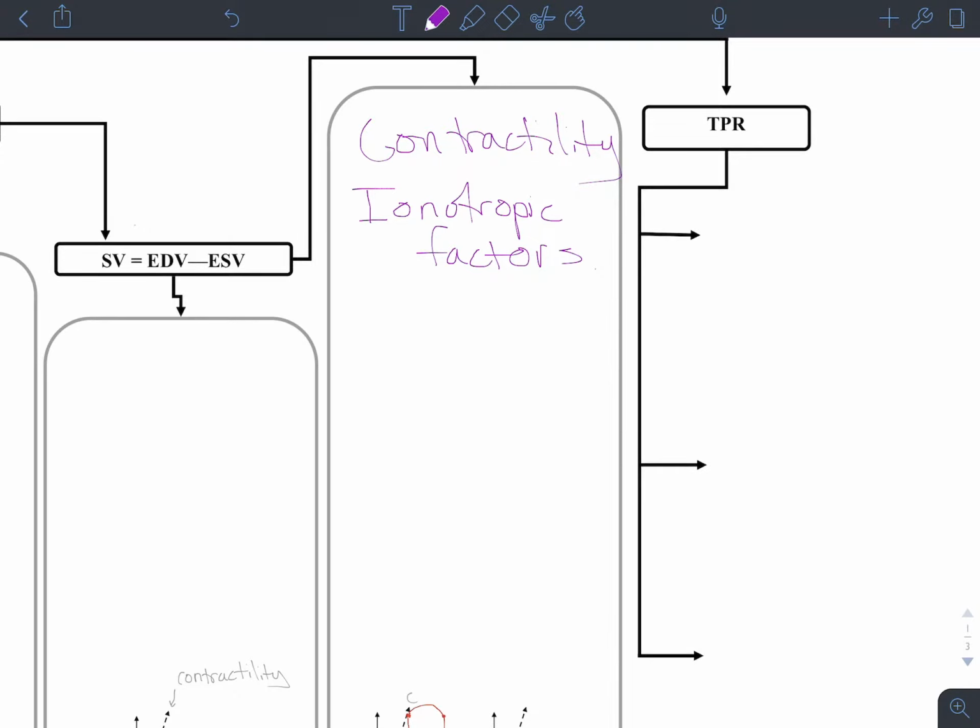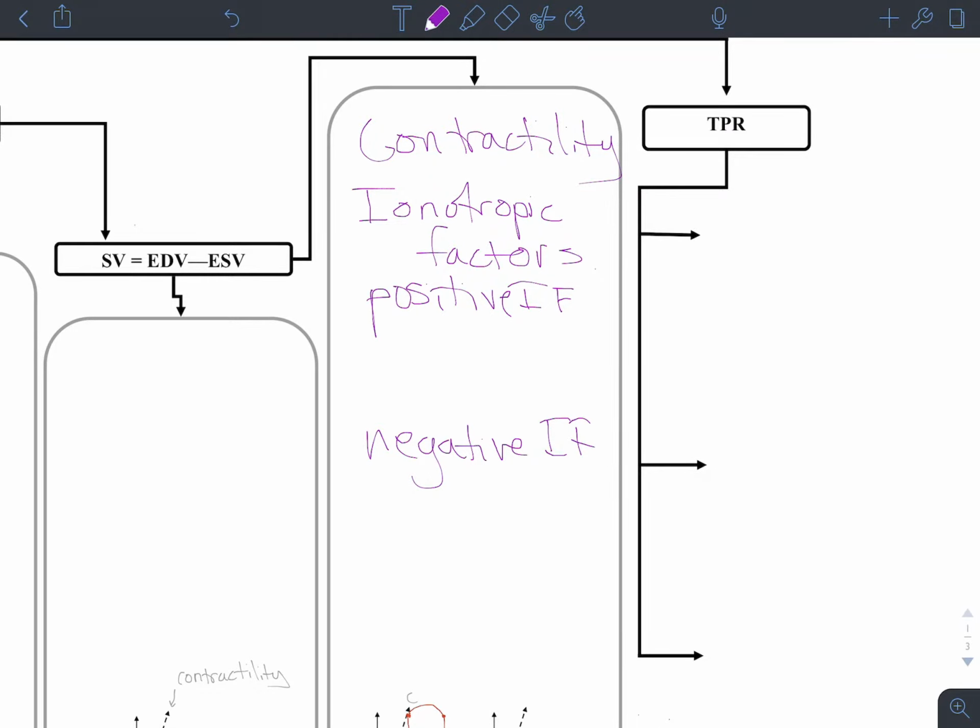And inotropic factors can either be positive, inotropic factors, IF for short, or negative. Okay, and positive inotropic factors does not necessarily mean that it is a good thing. Positive means that it's contributing, so we're adding to that. Negative means we're taking away from that.